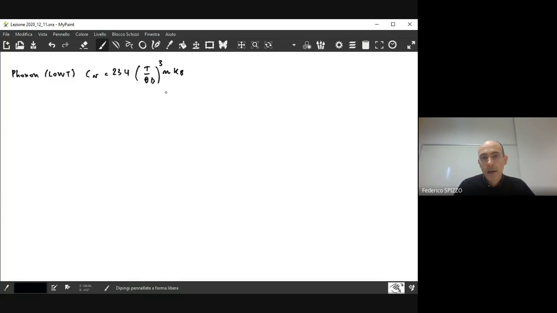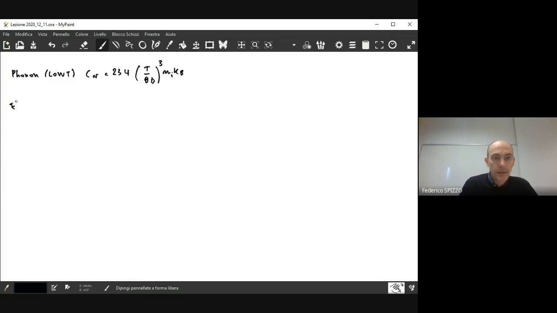Since in a while I will have to use also the electronic density, I just write an I label here to say that when we consider the contribution of the specific heat coming from the phonons, which are related to the ionic motion, then here we need to set the ionic density.